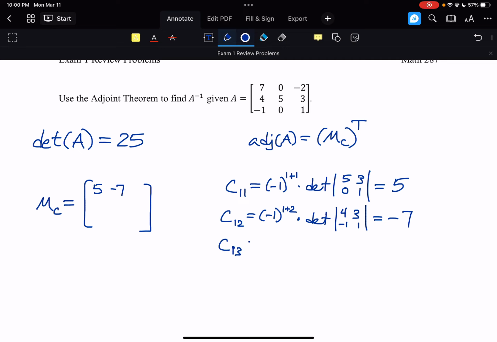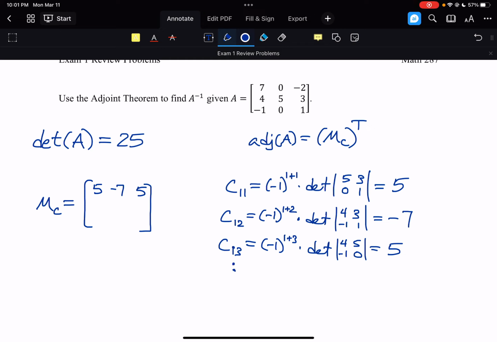If we do the C13, so again, we're going to get a +1 here, times the determinant of 4, 5, -1, 0. So we get 4 times 0, so that's 0 minus -5, which is +5. So that one also gives us a 5.